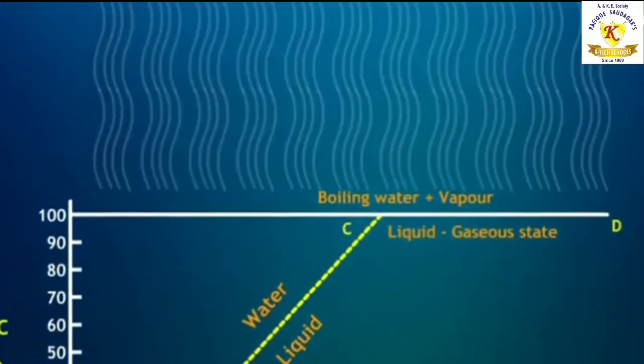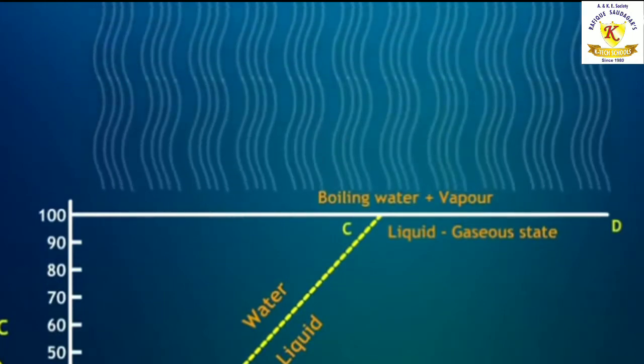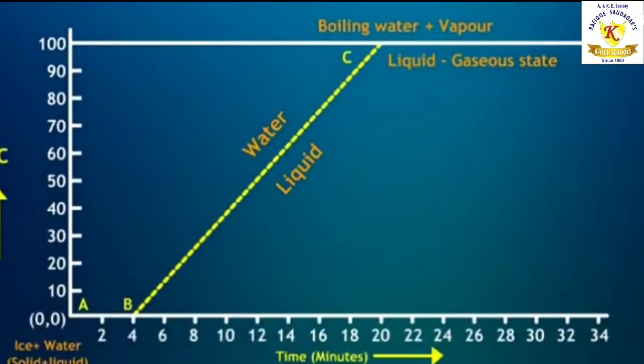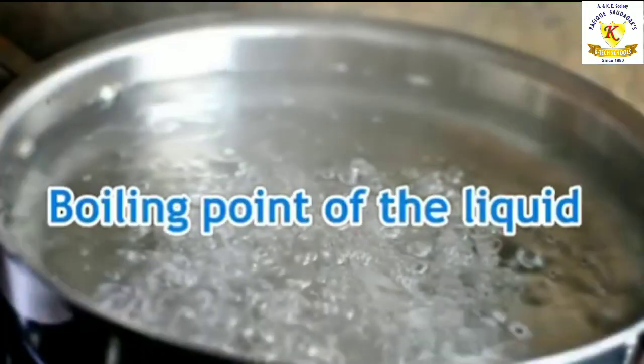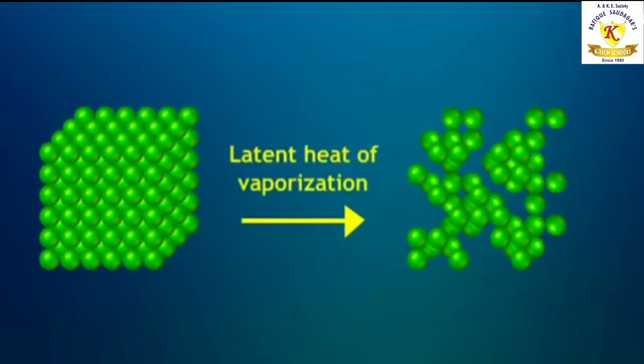Thus, during transformation from liquid phase to gas phase, heat energy is absorbed by the liquid, but its temperature does not change. The constant temperature at which the liquid transforms into gaseous state is called the boiling point of the liquid. The heat energy absorbed at constant temperature during the transformation of liquid into gas is called latent heat of vaporization.